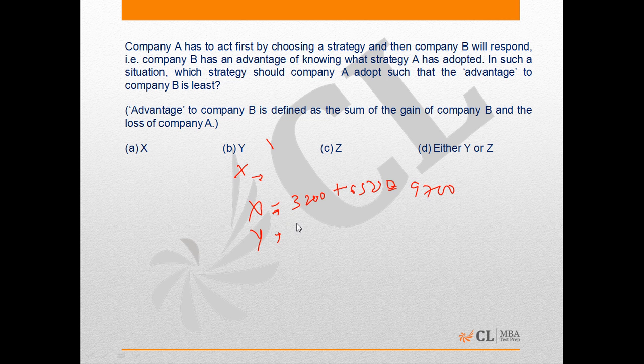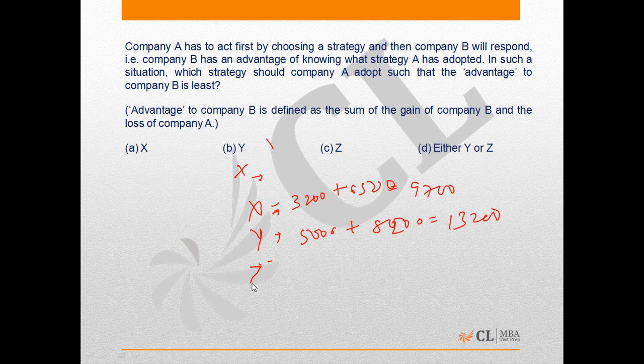When A adopts strategy Y, then Company B will adopt strategy Q to get maximum advantage, and the advantage in that case will be 5,000 plus 8,200, which is equal to 13,200.